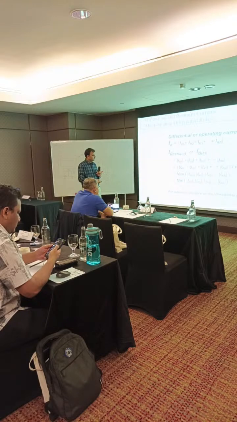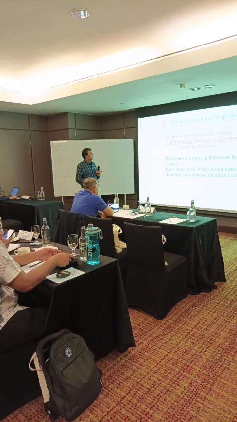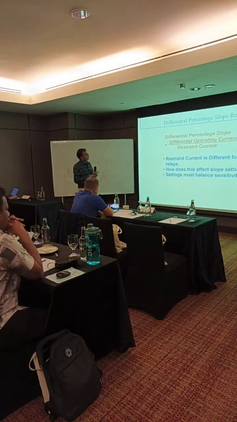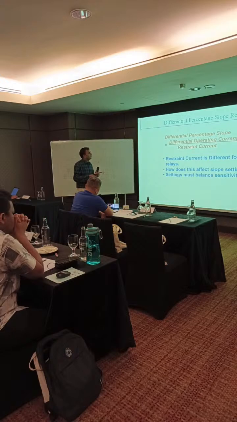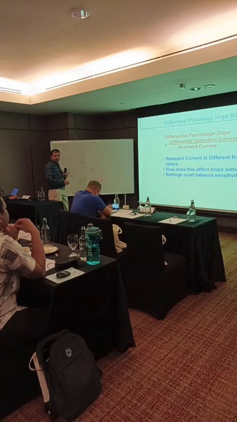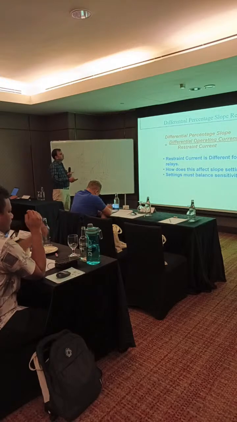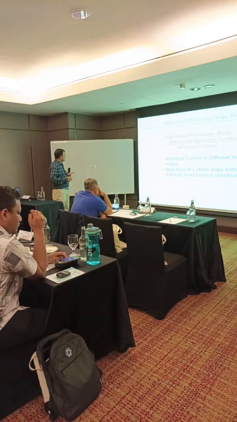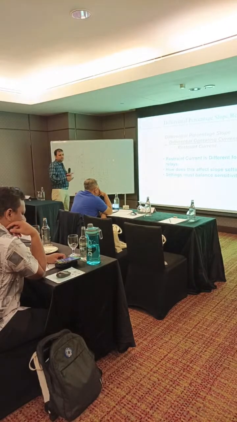That is what has been shown here. This is the slope calculation method: differential operating current and restraint current. With this formula only we have calculated this manually. So you only have to keep in mind that this is the formula for any slope calculation.